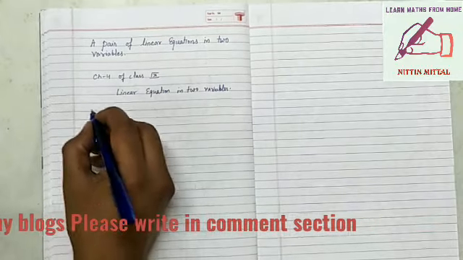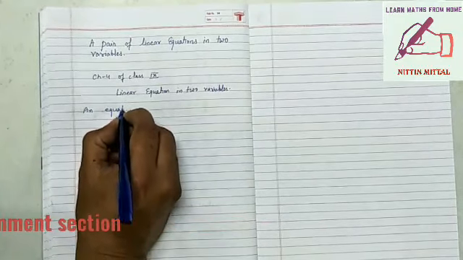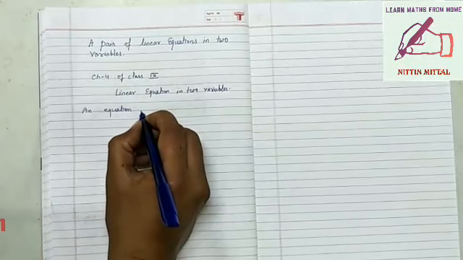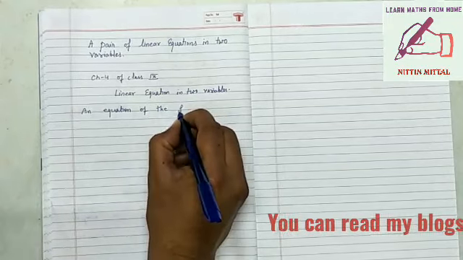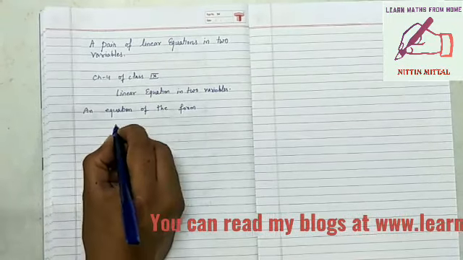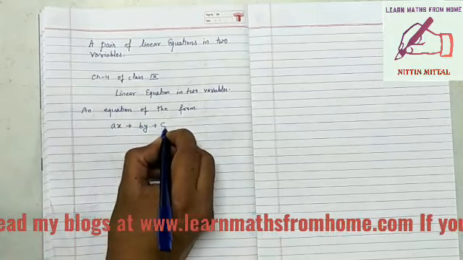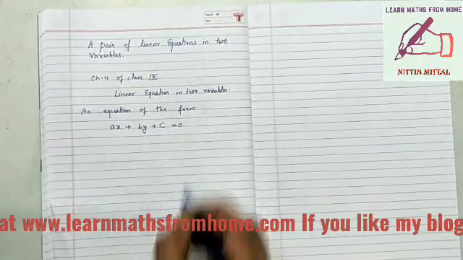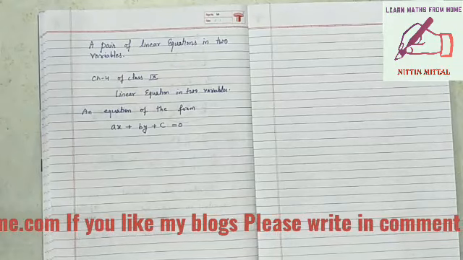So first thing, an equation of the form ax plus by plus c equal to 0 is called as linear equation.